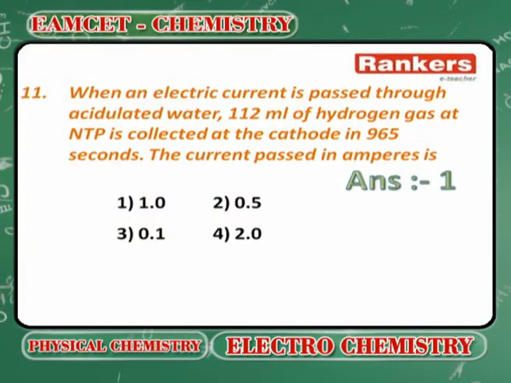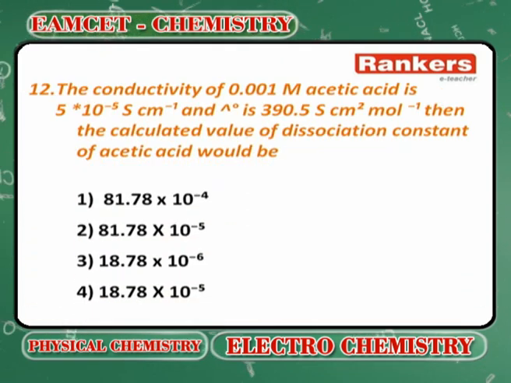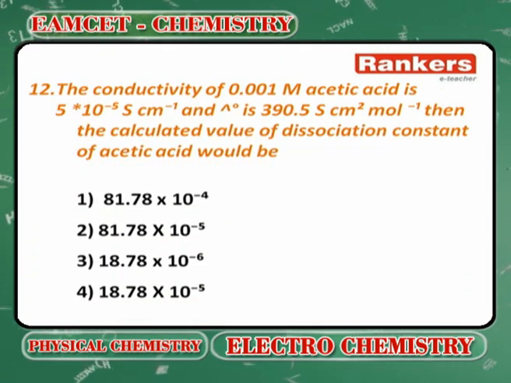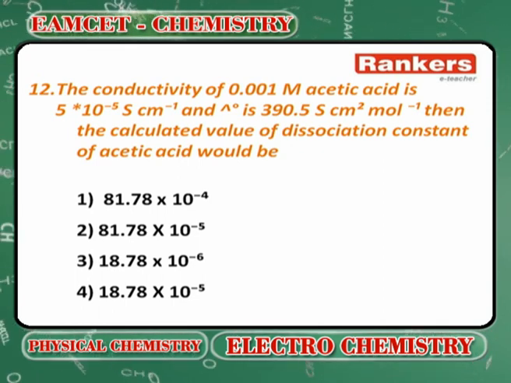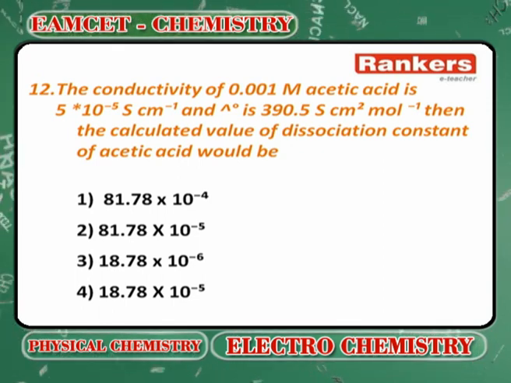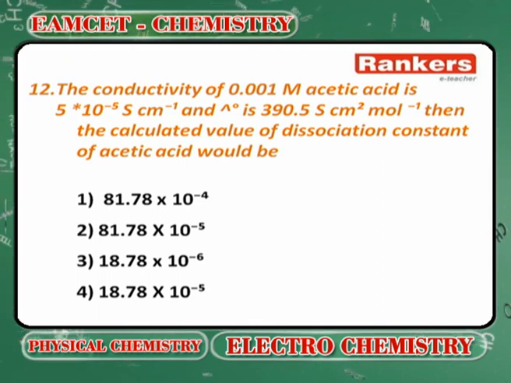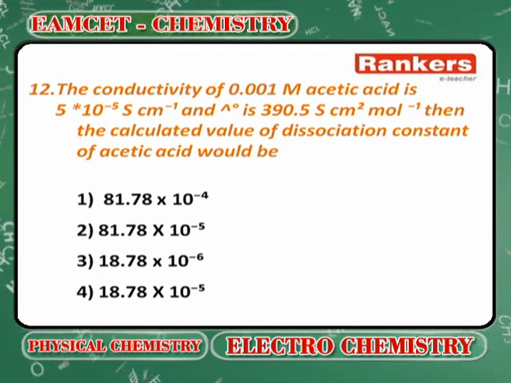Next, move on to the next. Here, this is related to the Kohlrausch law. In Kohlrausch law, what is the one important relation? Degree of dissociation.